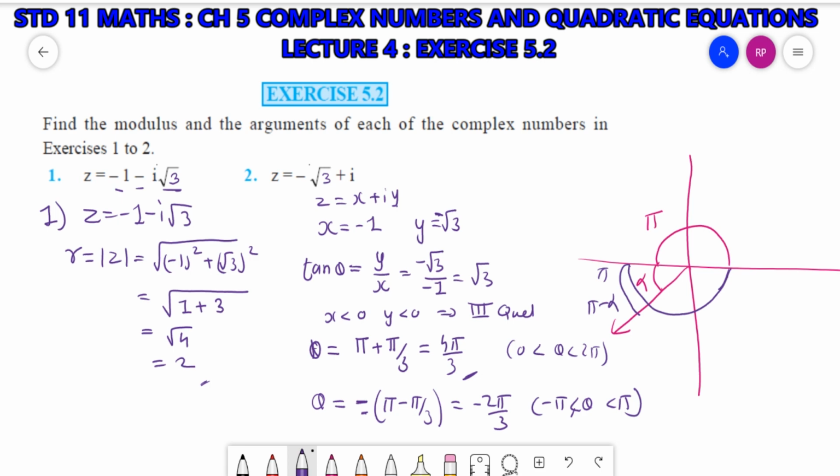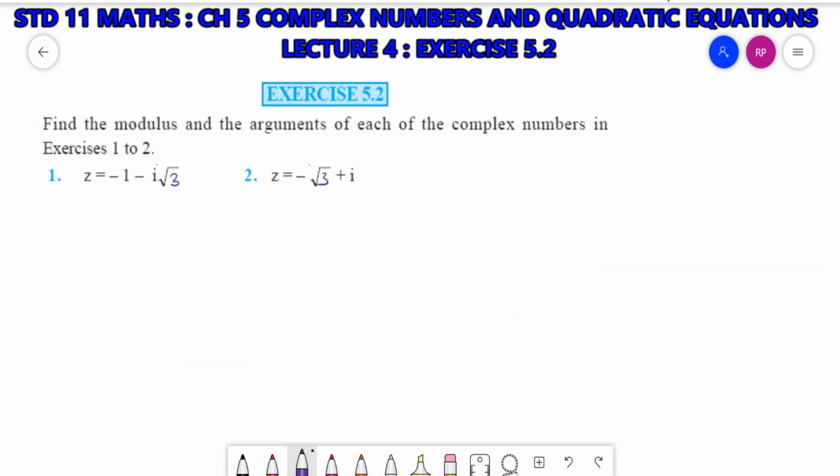Note it down. Now second question, z is equal to minus root 3 plus i. So our x is equal to minus root 3 and y is equal to 1. So the modulus r will be equal to under root of x square plus y square, minus root 3 square, that will be 3, plus y square 1.